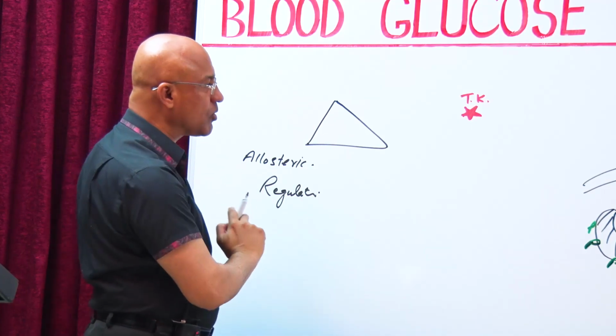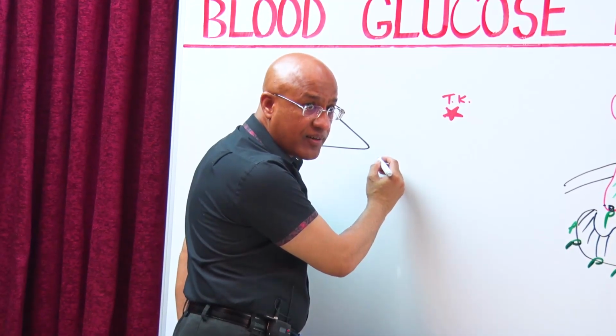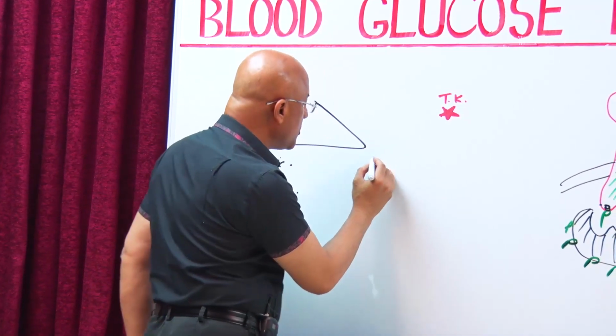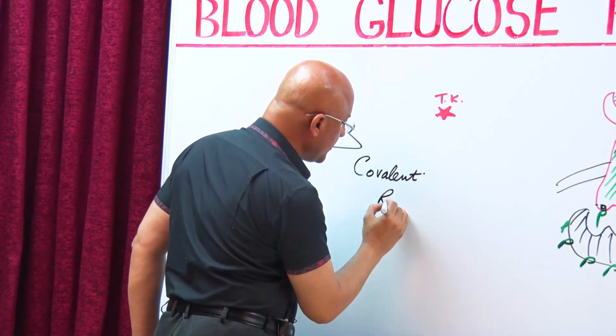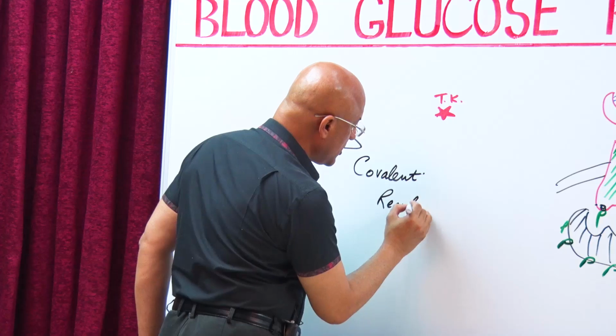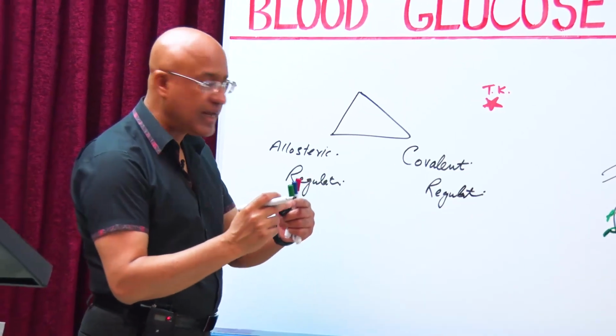But if there is phosphorylation or dephosphorylation and the enzyme function is altered, we call it covalent regulation, because phosphorylation and dephosphorylation make a covalent bond with the enzyme.